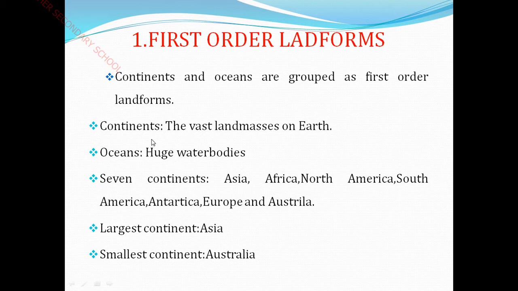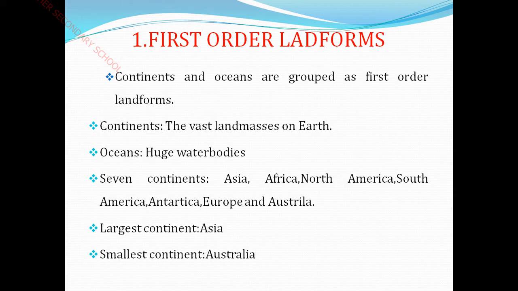Oceans are huge water bodies on the earth. The 7 continents are Asia, Africa, North America, South America, Antarctica, Europe and Australia. The largest continent is Asia, and the smallest continent is Australia. These are all the first order landforms.